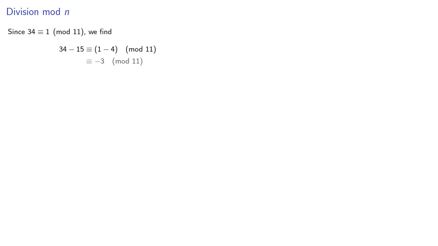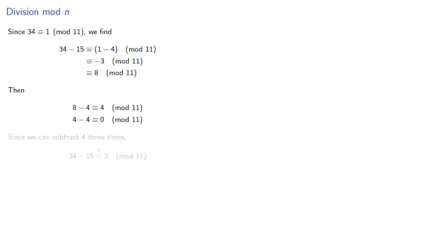That's negative 3, but mod 11, that negative 3 becomes 8. And now I can subtract 4, and again. Since we can subtract 4 3 times, this suggests 34 divided by 15 is congruent to 3 mod 11.